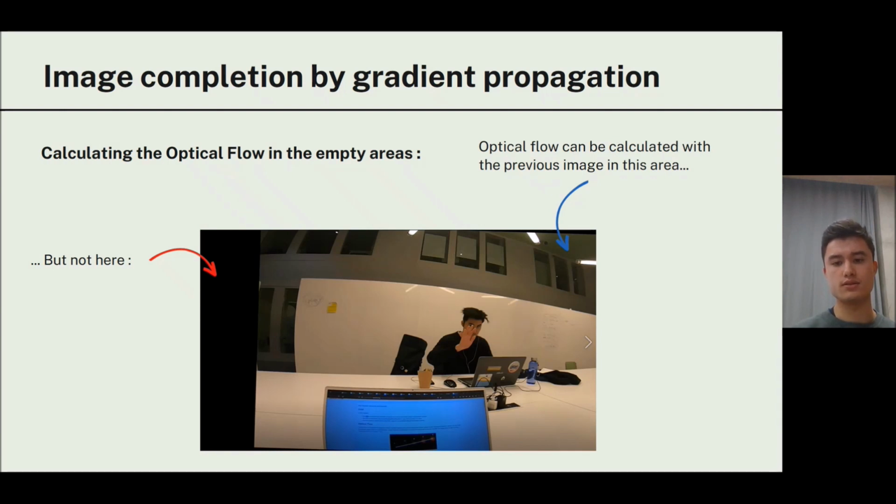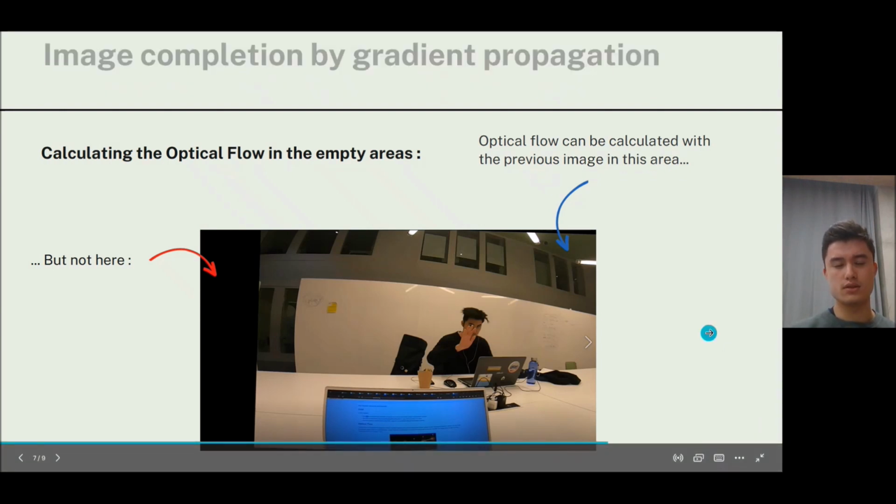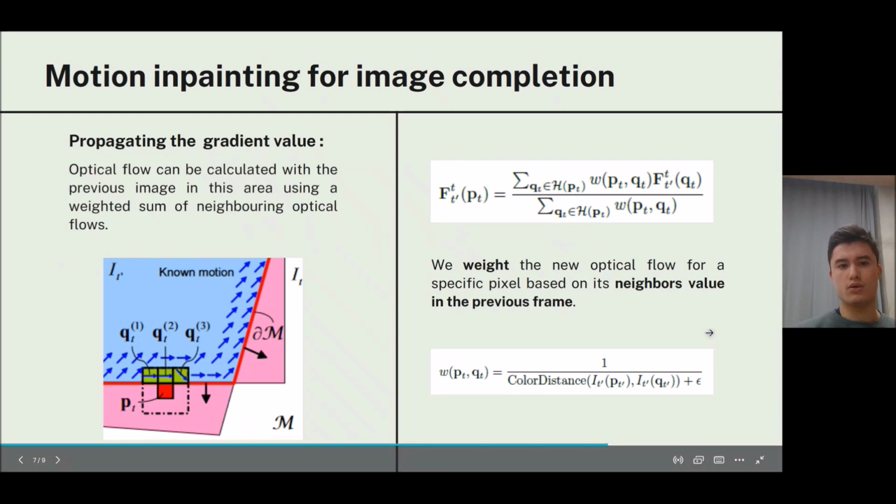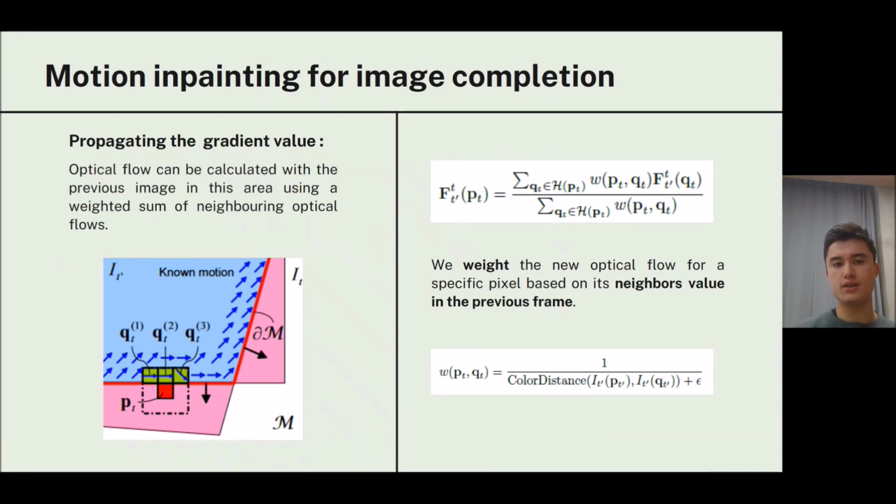So how do we do that? When we have a pixel P in a black missing area, we look at the neighboring pixels in the neighboring frames and try to infer an optical flow value based on these neighboring pixels.